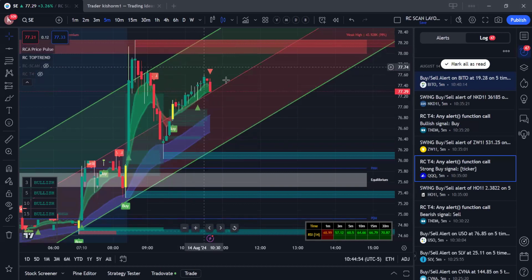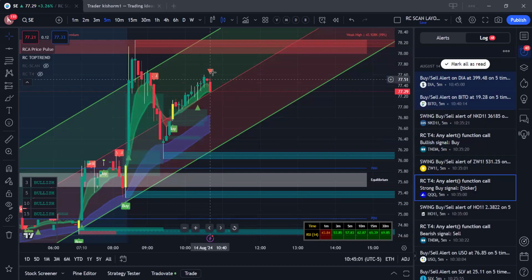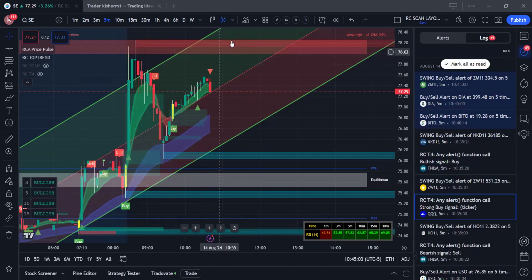So these triangles are coming from our Ultimate D indicator, right? If it goes up, it will give the green triangle. Or you can use yellow triangles, whatever you want.